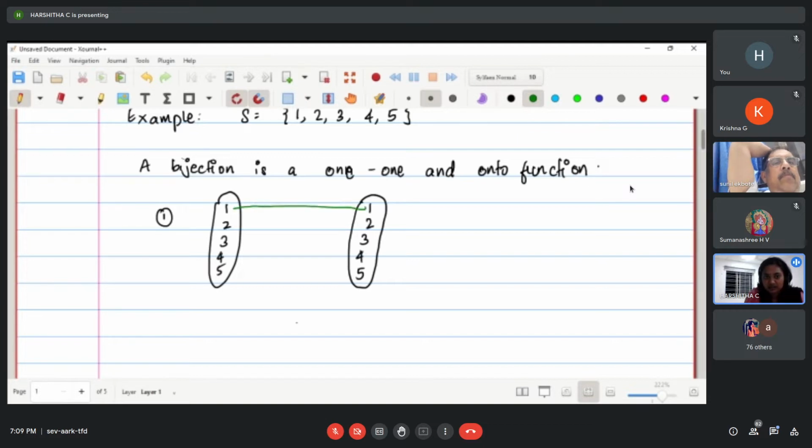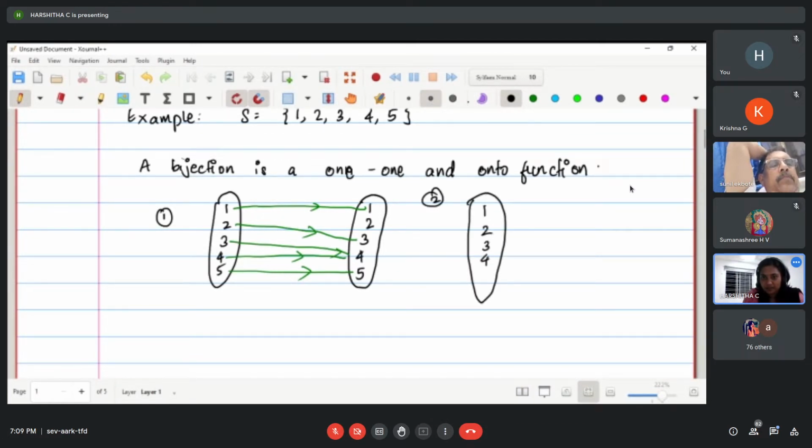So let's say 1 goes to 1, 2 goes to 3. This is the first example.